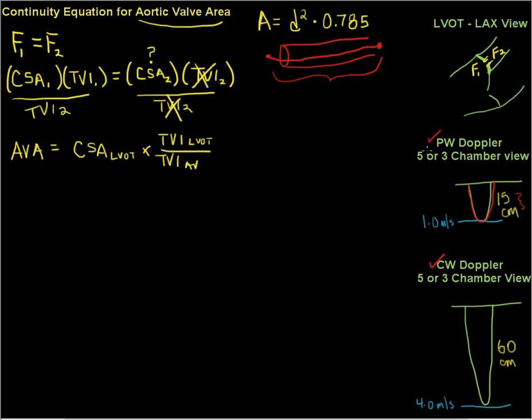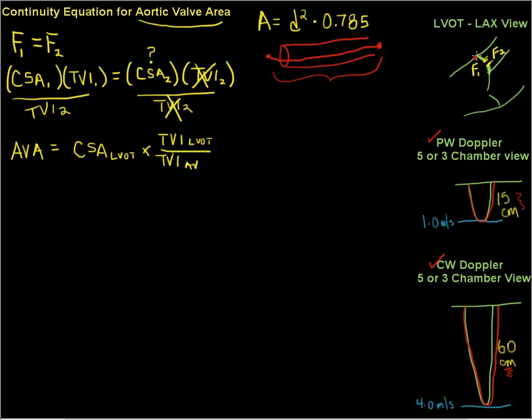In this case, our pulsed wave tracing obtained at the left ventricular outflow tract has a time velocity integral of 15, and then using continuous wave Doppler through the aortic valve, if we trace this, you see you get a much larger time velocity integral of 60 centimeters. So we go back to our LVOT and measure the diameter of the LVOT.